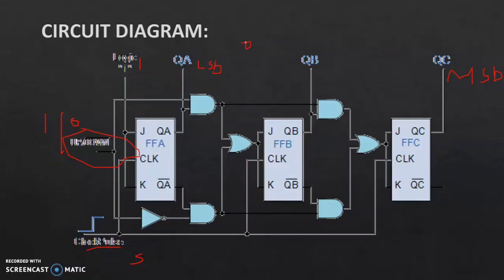For example, 0, 0, 1 means only the QA output is working, giving 0, 0, 1. If only the next one is working, it comes as 0, 1, 0. Here is the example.